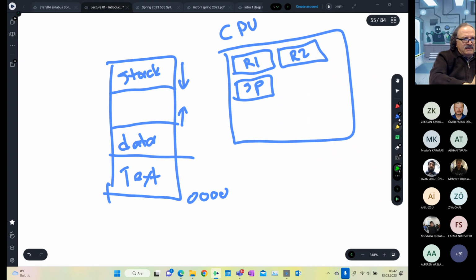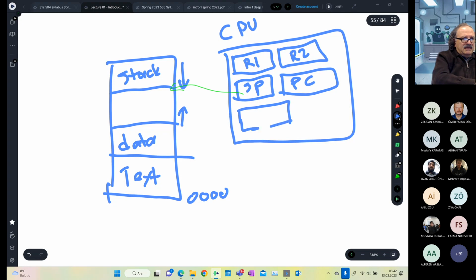So the stack pointer is pointing to somewhere in the memory, just the top of the stack, right? That's the stack pointer. And what else? I have my program counter and status word.